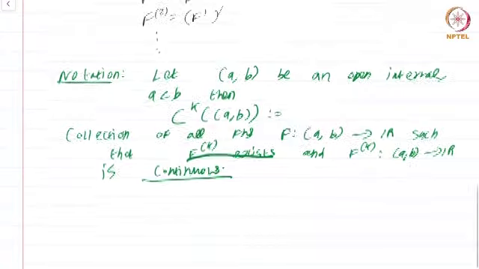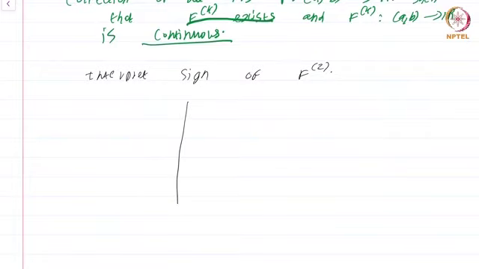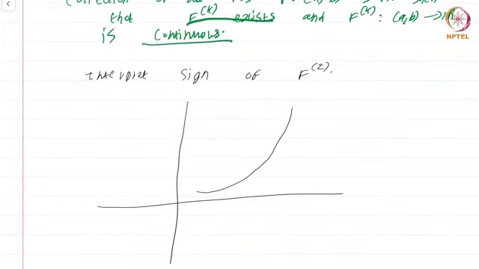Now our goal is to interpret the sign of f''. For this, first some basic geometry. Suppose I have a curve that looks like this. Such a curve is called convex upwards.